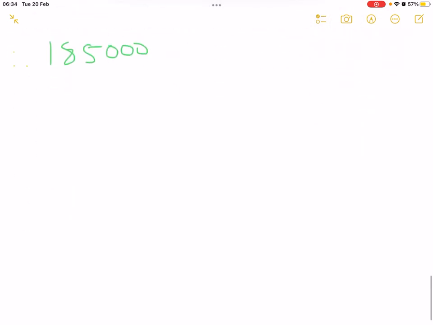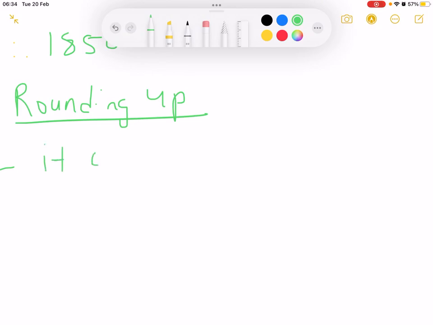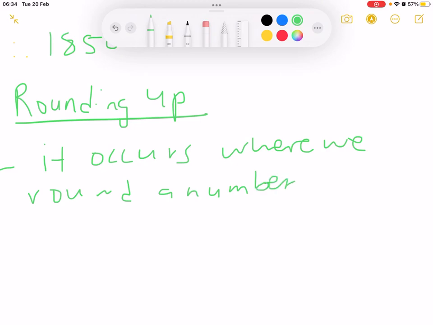And then let's look at what rounding up is. If we say we are rounding up, it occurs where we round a number up to the nearest whole number.